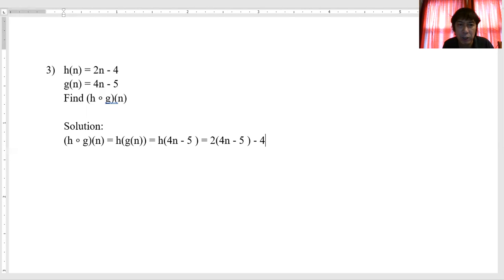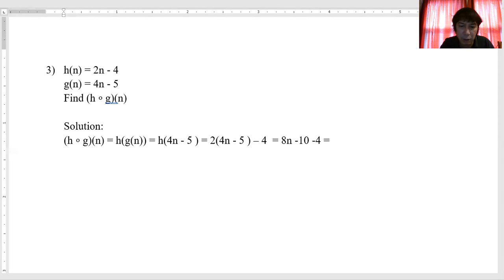And then this will now be simplified. Okay, you can now do algebraic multiplication here. 2 times 4n is 8n, and then this is 2 times the negative 5, so that's a negative 10 there. And then that will be followed by the minus 4. Now, you'll be able to simplify this.